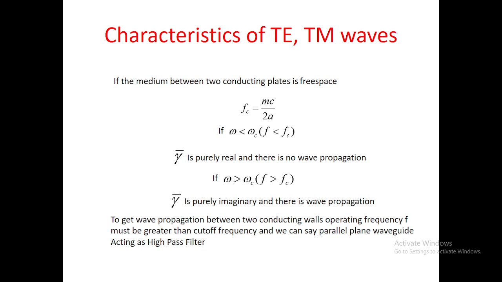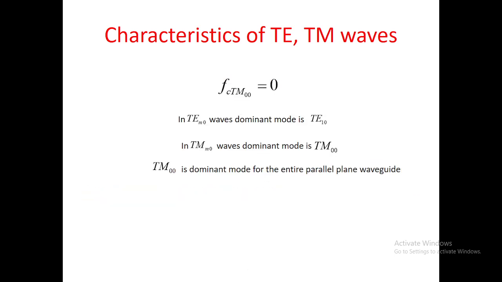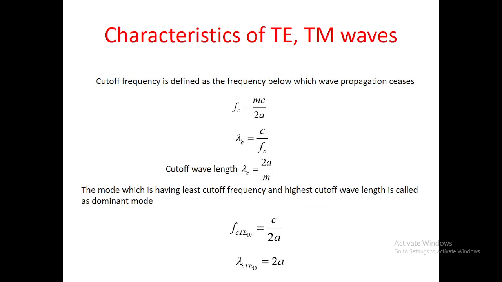If the operating frequency is greater than the cutoff frequency, gamma bar is purely imaginary and there is wave propagation. So to get wave propagation between two conducting walls, the operating frequency should be greater than the cutoff frequency. That means we can say the waveguide is acting as a high pass filter.